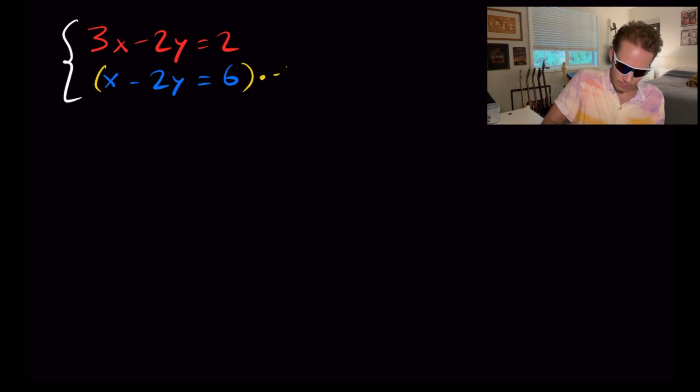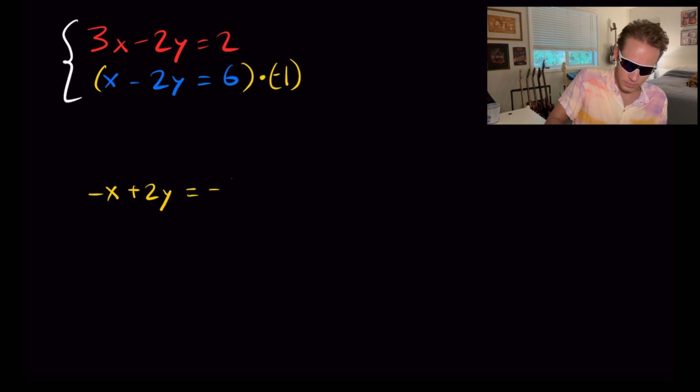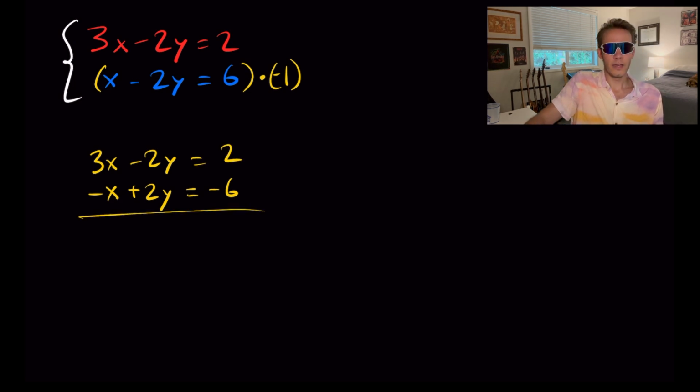So if I multiply every term in that equation by negative 1, what I will get is negative x plus 2y equals negative 6, right? And then if I just bring this guy down, 3x minus 2y equals 2. Now I can do that addition trick that we did in the last problem, right?